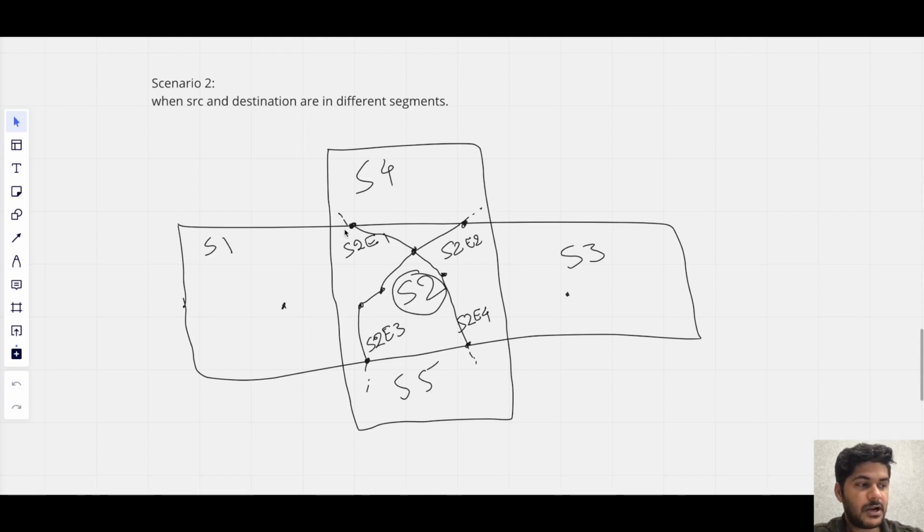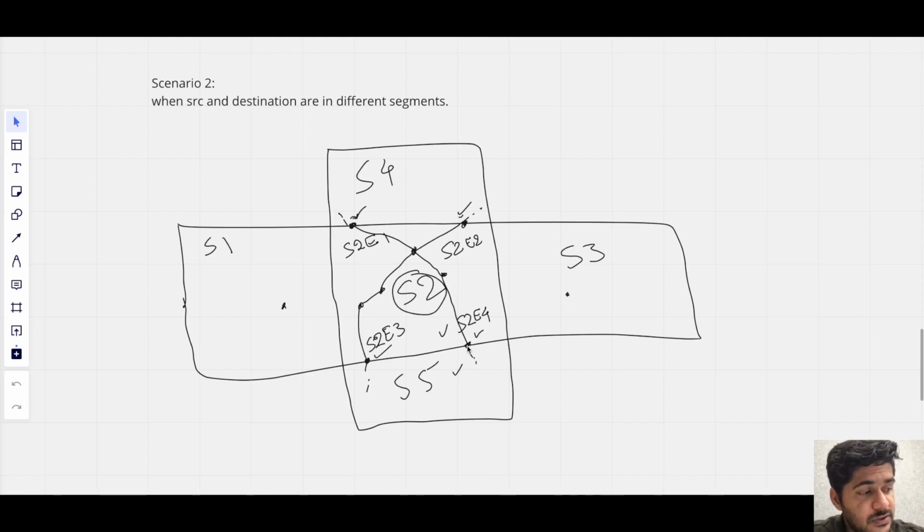Here, for example, I took 4 exit points, that from here you can enter or exit, from here you can enter or exit, and in real life maybe this is only exit, maybe this is just a one way. So that information also we will save. Here also we have another exit point, and here also we have another exit point. And these exit points are shared between S5 and S2 here, so shared between the neighbor segments.